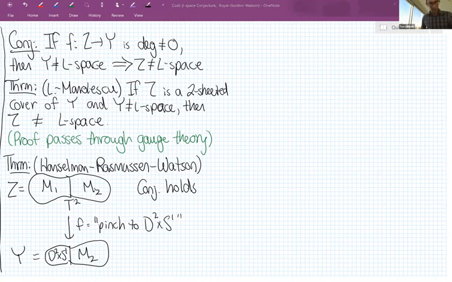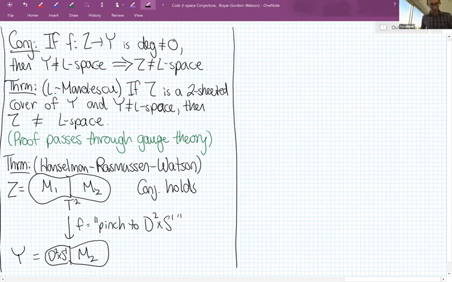So what I want to talk about today is just some kind of variant on all of these pictures, which is that something similar works for branched double covers.